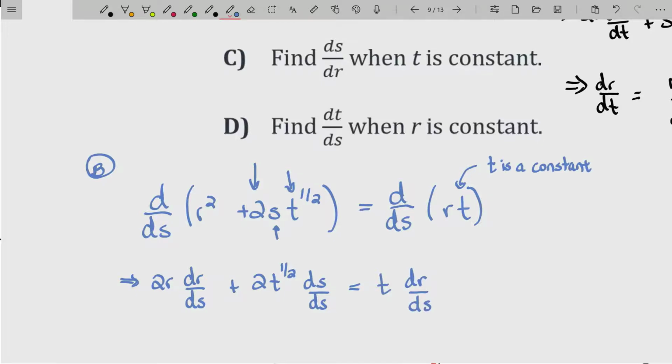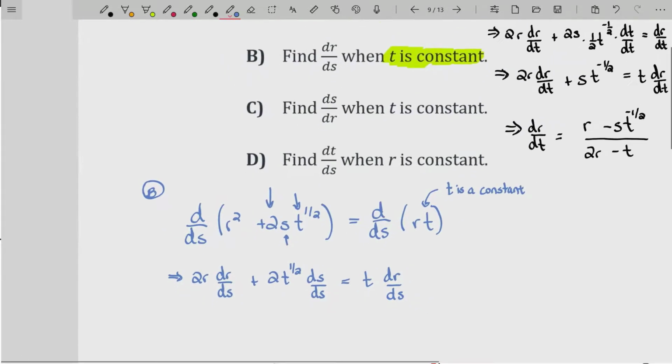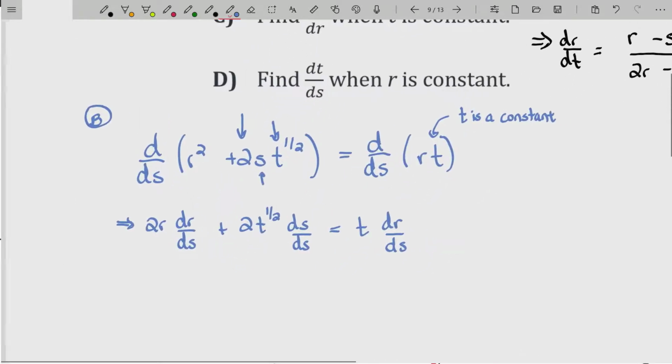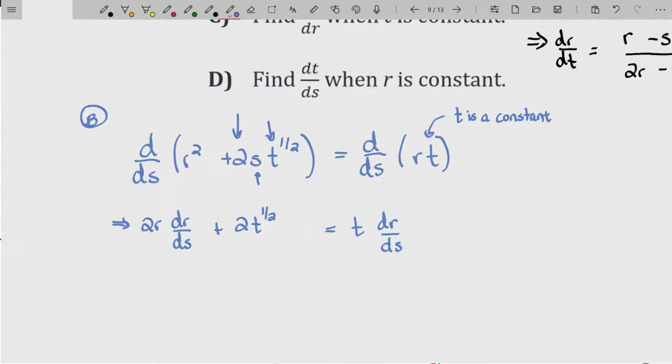Now remember, our goal was to find dr ds, so we'll go ahead and isolate. Remember, ds ds is just 1. I'll move everything over to the right-hand side. So 2t to the 1/2 is equal to dr ds times t minus 2r.